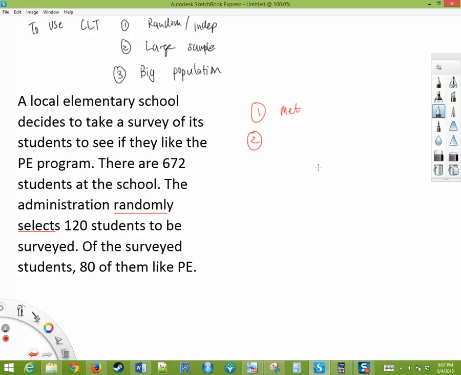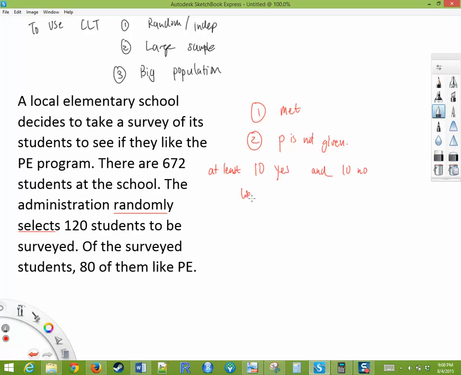Is the sample large enough? Here we don't have p. p is not given, but we have a count. Another way is that you just need at least 10 yes and 10 no. So if p is not given, you can just check for 10 yes and 10 no. How many yeses do we have?